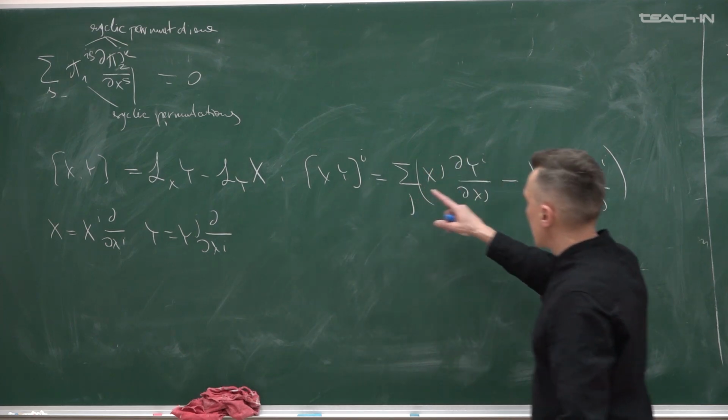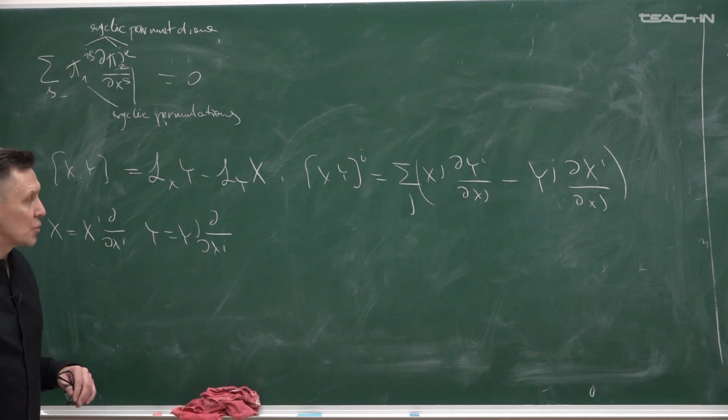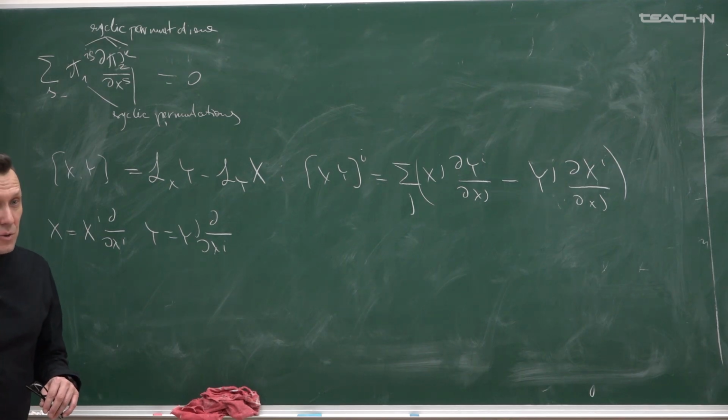So this is the commutator of vector fields, and we can extend this operation to polyvector fields by the Leibniz rule.